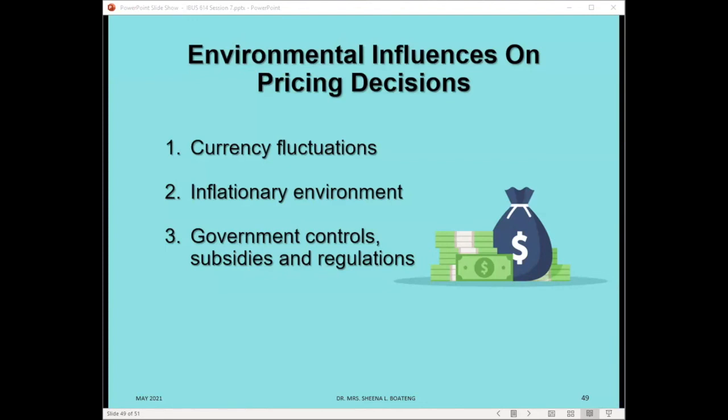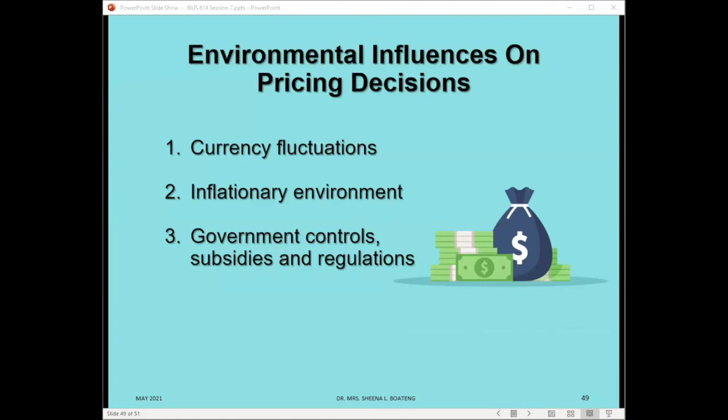So depending on the government control, subsidies, and regulations, you may be able to get some benefits that could influence the pricing decisions that you make and ultimately determine how much you decide to sell the product or service to the customers in these markets.